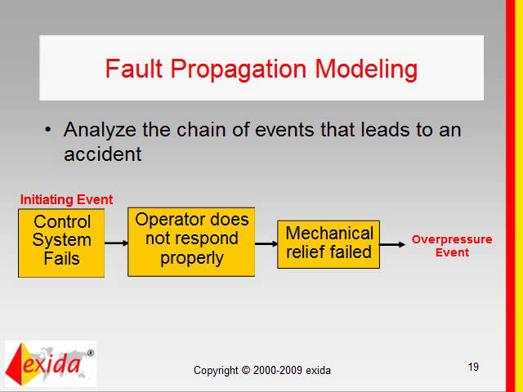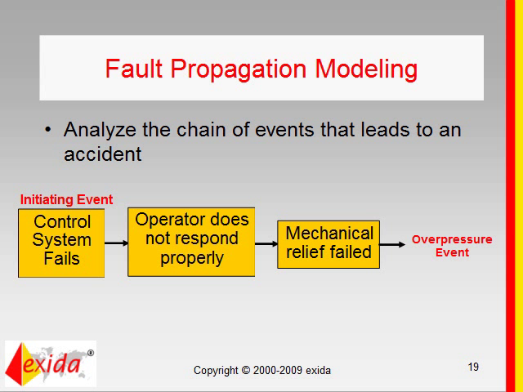Also, to keep in mind, this fault propagation modeling, typically when we talk about an overpressure event, that is not necessarily just a control system failing. There could be several layers in place. Again, this falls into the same category as the complexity that I mentioned earlier. There are different steps that you have to go through, different slices of cheese, basically.